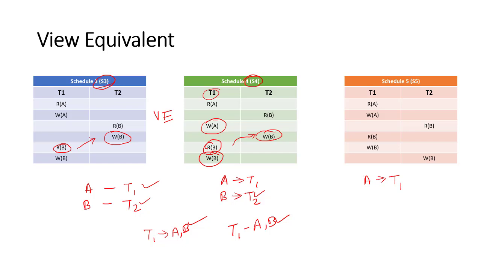Now for data item B, the initial value is read by T2 in this operation, as well as by transaction 1, because it is directly reading from the database. Now as this is not matching, we can say that schedule 5 is not view equivalent to S4 or S3.